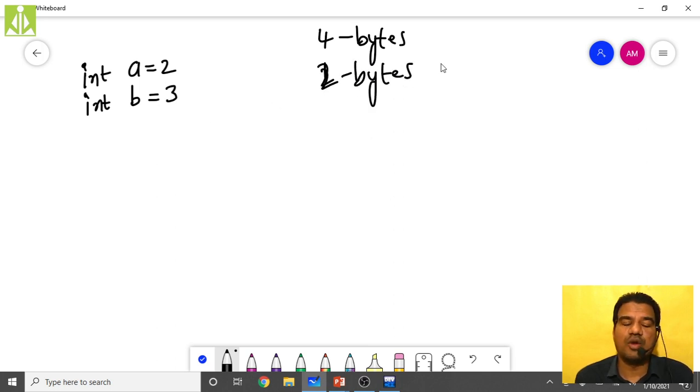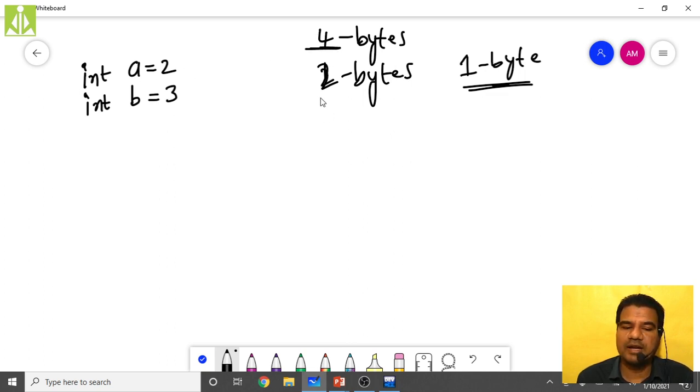But we do the operation up to 8 bits, only 1 byte operations, because writing 16 bits on the board is not possible and it will become very clumsy. So for bit level operations, we do only 1 byte, you remember.